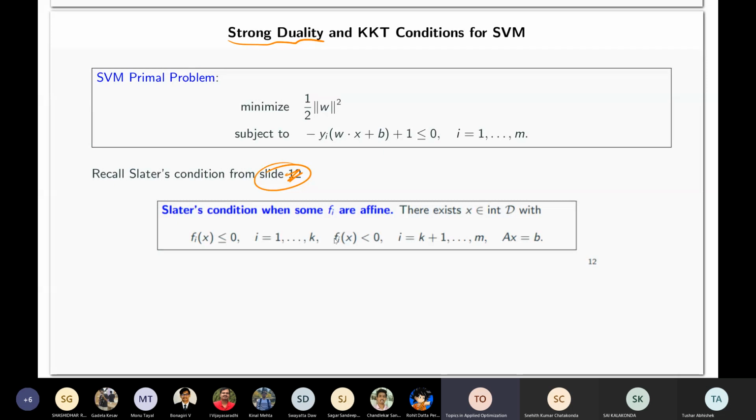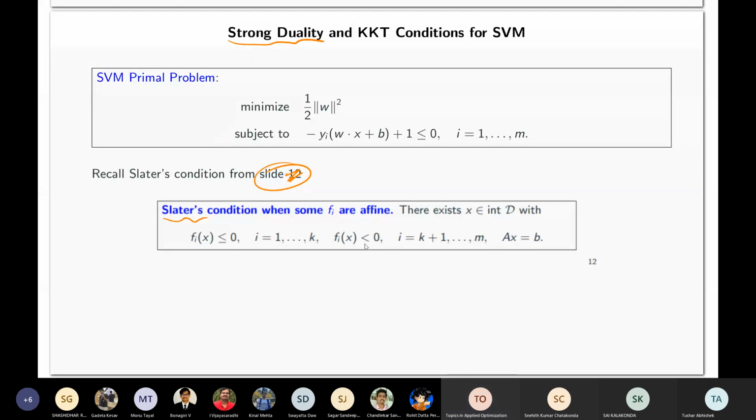What was the condition for the linear constraints? When some f_i's are affine, for the affine ones you don't need to satisfy strict inequality. The Slater condition is only worried about the non-affine ones: you should have an x for which you have strict inequality for the non-affine constraints.